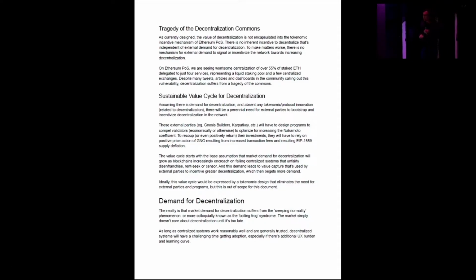So one thing to recognize is that the incentive to decentralize is external to the protocol, external to the validation system. And that also means that the incentive to increase decentralization has to be injected into the network by a third party.